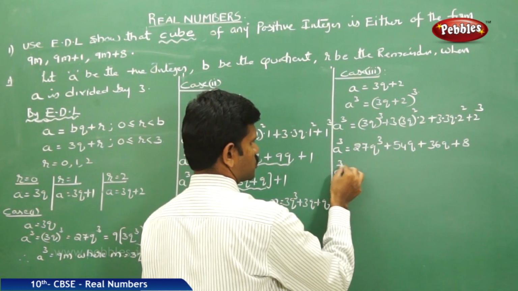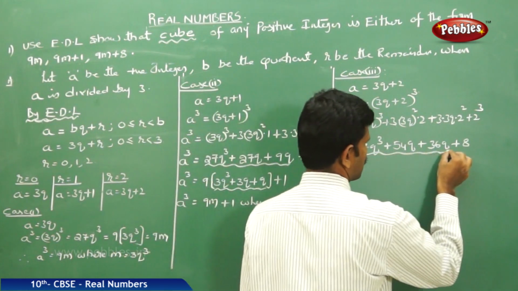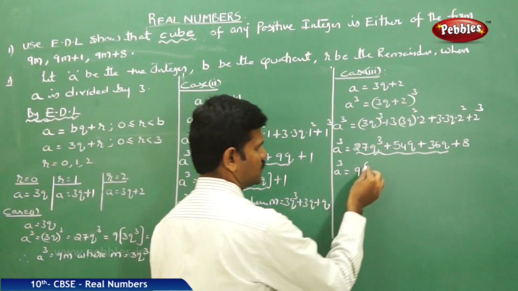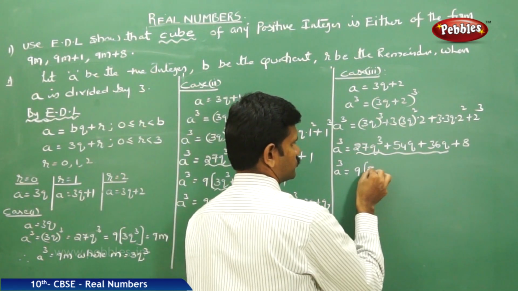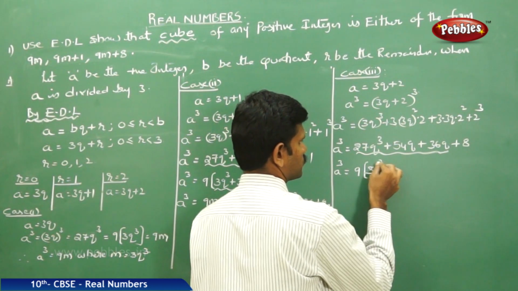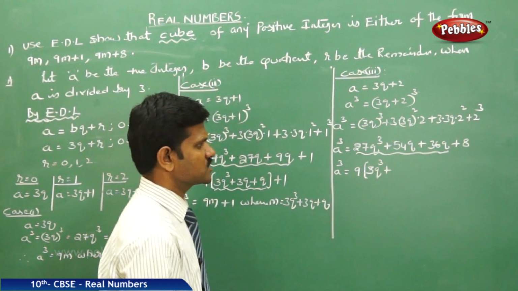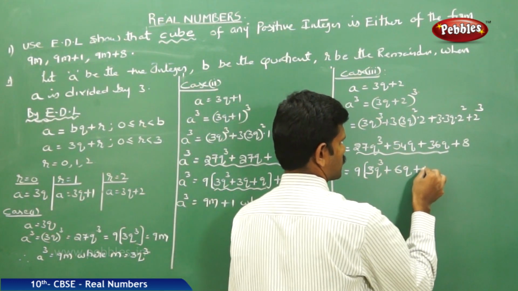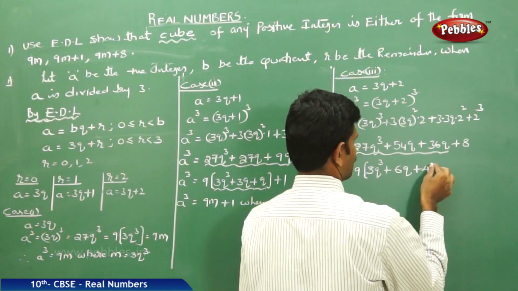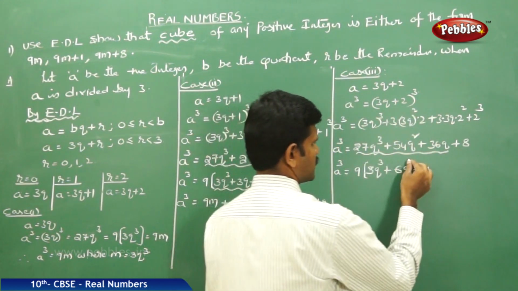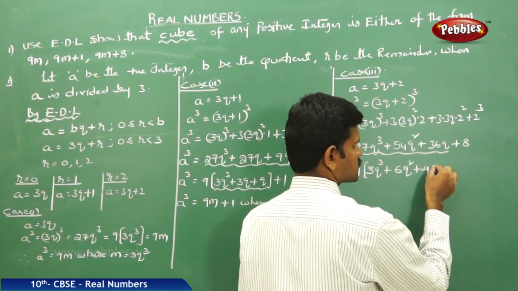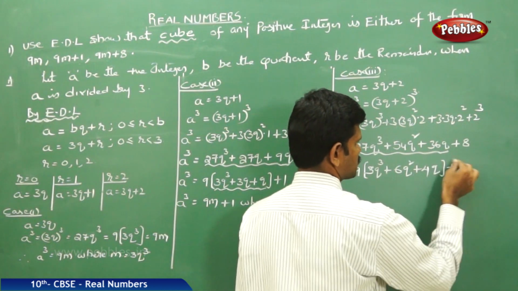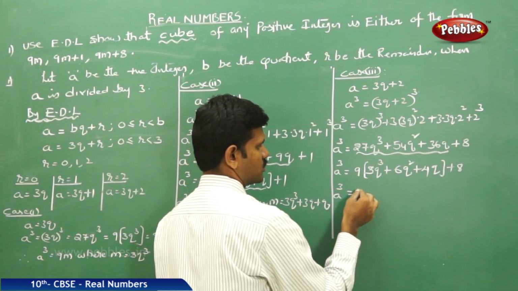From here to here please take 9 common. If you take 9 common, the rest parts are 3q cube plus 6q square, 9 4s are 36, here 9q will come, that is 4q plus 8.